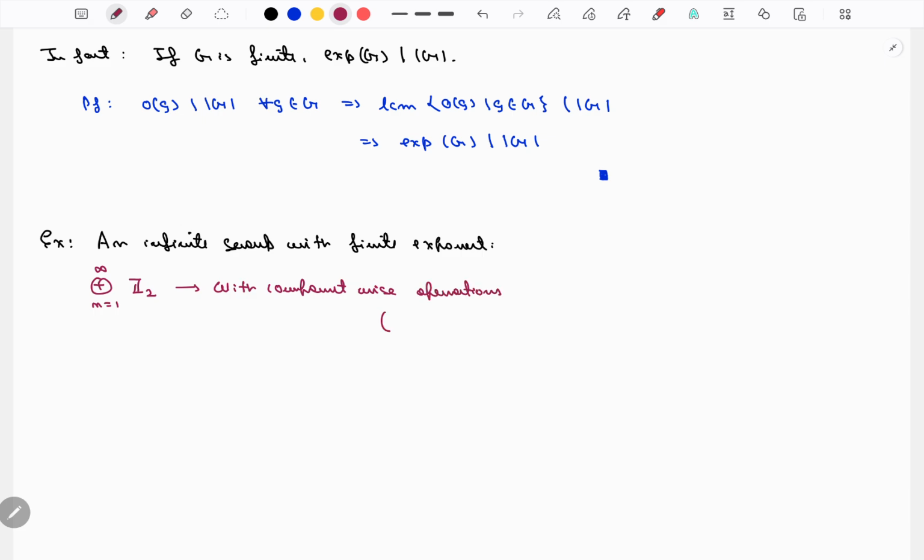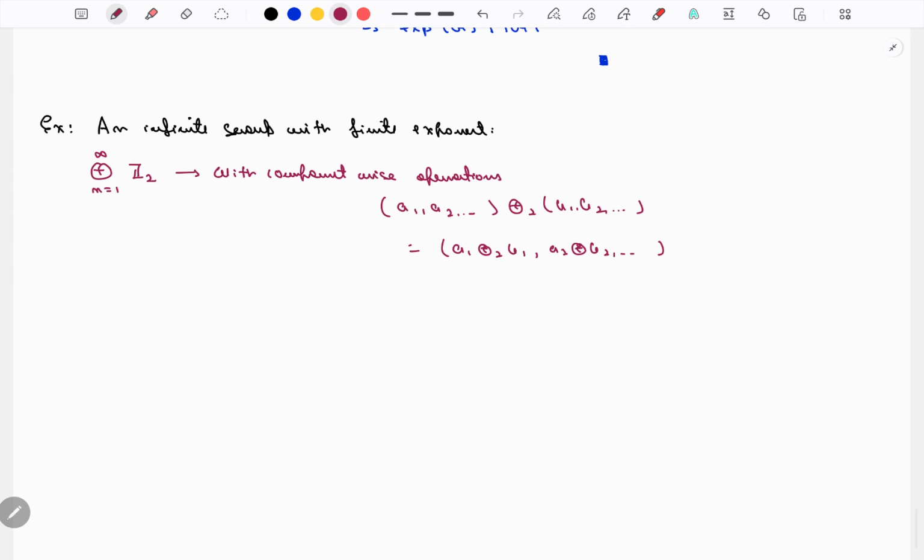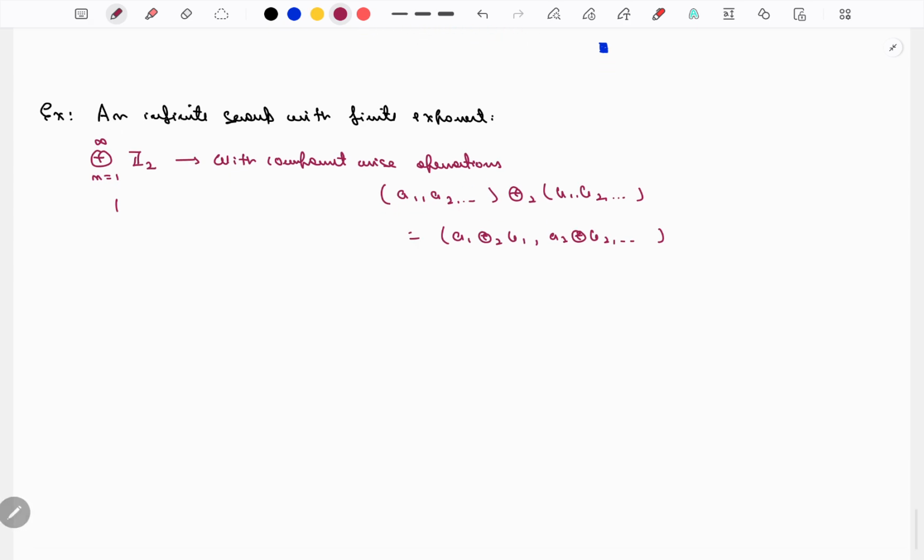Suppose you have a1, a2 and so on modulo 2, and b1, b2 and so on. This is nothing but a1 operated with b1, then a2 operated with b2 and so on. This has a natural group structure, induced from the group structure of Z2. So it's clearly an infinite group, but its exponent is 2, because 2 times any element a1, a2 will be 2 times a1, 2 times a2 and so on, but all of these will be 0.